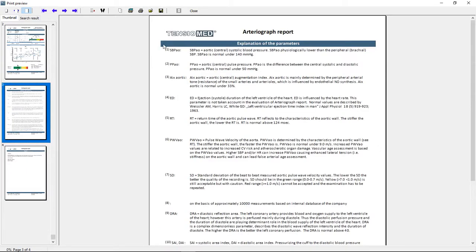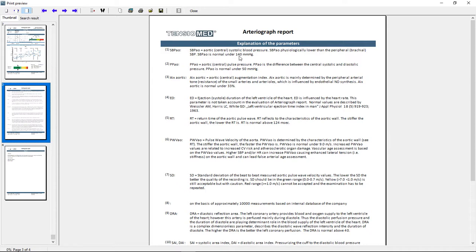As I mentioned, on the third page of the arteriograph report, you can see the description of each parameter which we measured. You can see the aortic systolic blood pressure, which is, as I said, physiologically lower than the peripheral brachial systolic blood pressure.